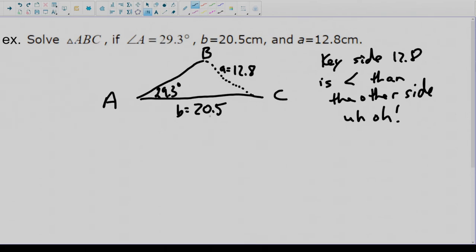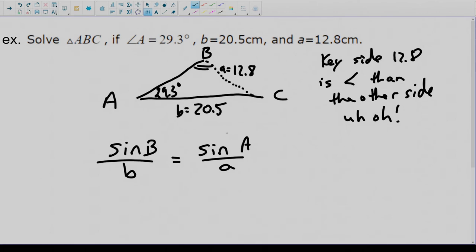So let's plug it in to find, now which angle would we be looking for here? We'd be looking for angle B, right? Angle B, if I set it up, would be set up like this.